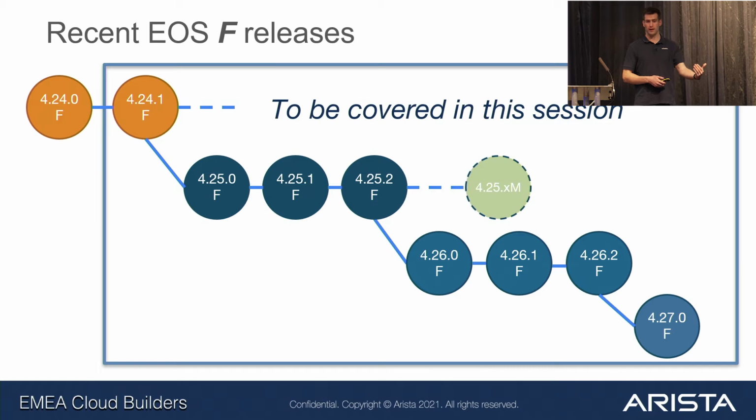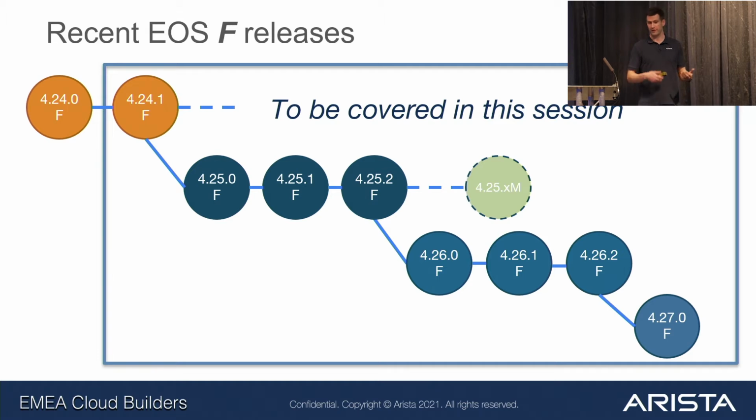So 4.20 something .3 will become an M or a maintenance release. And then carrying on, the pattern continues to 4.26, and now we're already at 4.27. So I hope that's all clear in terms of choosing versions of code and where we are today. Lots of new versions of code, lots of new features.